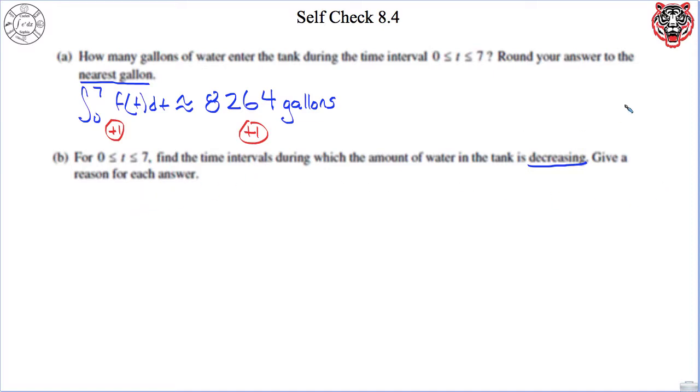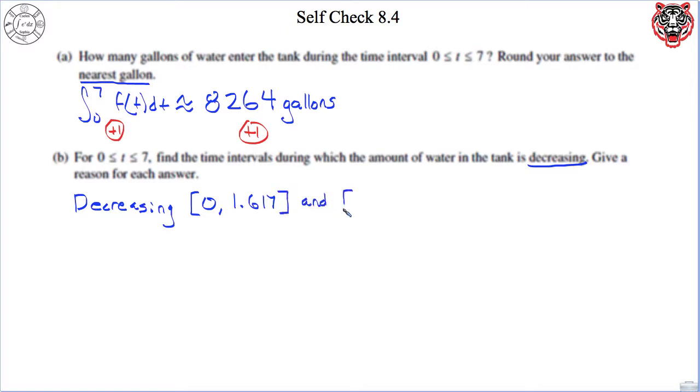So what is the first interval? We'll say decreasing from, if you don't like brackets, as Carly calls them, you can just go like this, between 0 and 1.617.